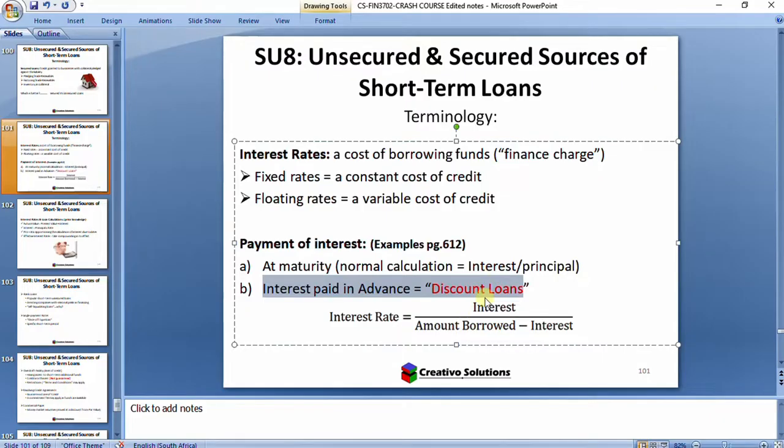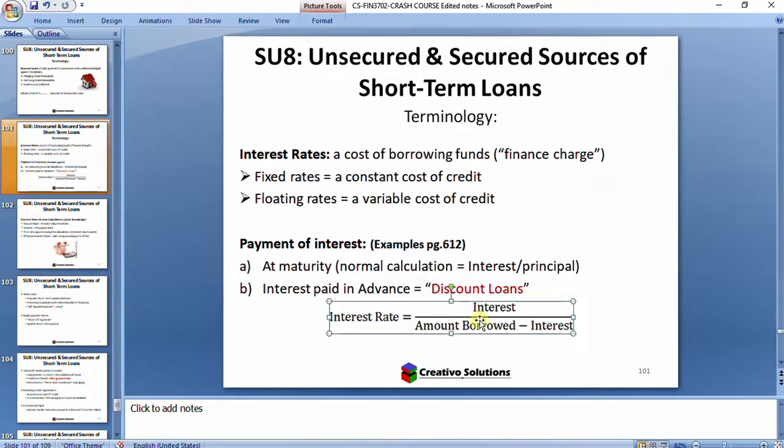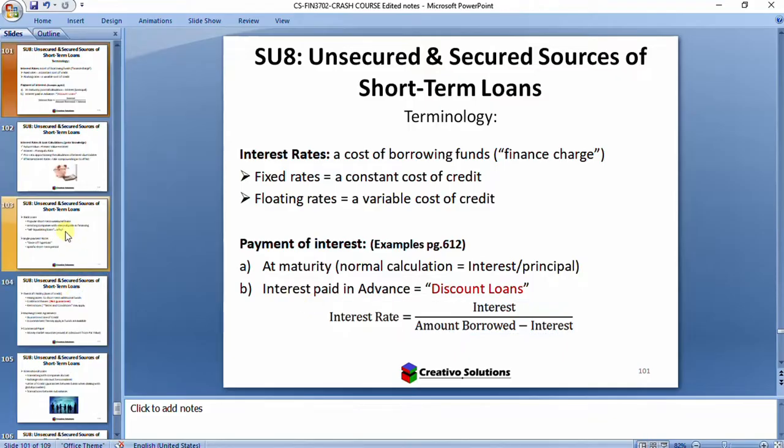A discount loan, any discount loan, the interest rate is calculated using that formula. The interest that's payable, in other words, the amount of interest that's paid, divided by the principal less that amount of interest that's paid. Is that right? Yes.